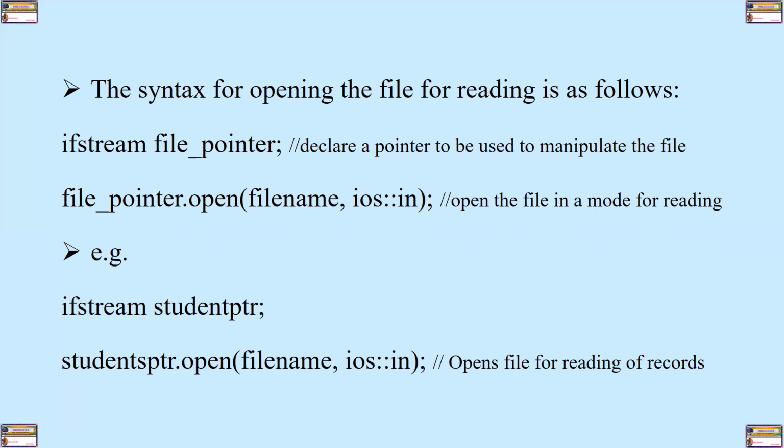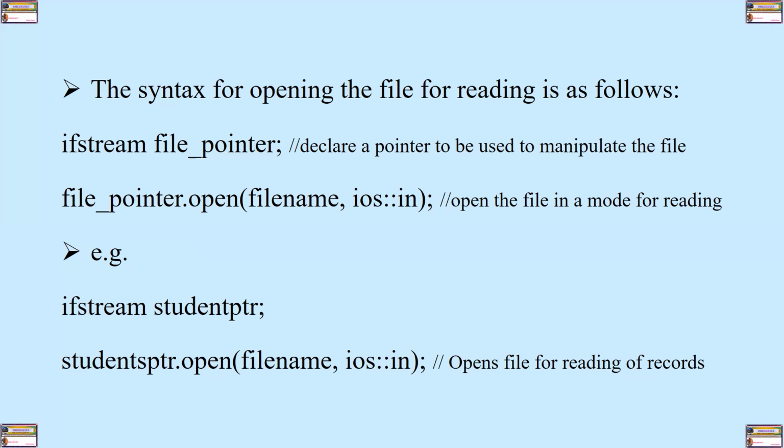Now, why am I using the word filename here, inside the parentheses, instead of writing the specific name? It is so that I give the user room to type any name of any file that he or she wants to open. That's why you can see in this case, filename is a variable.